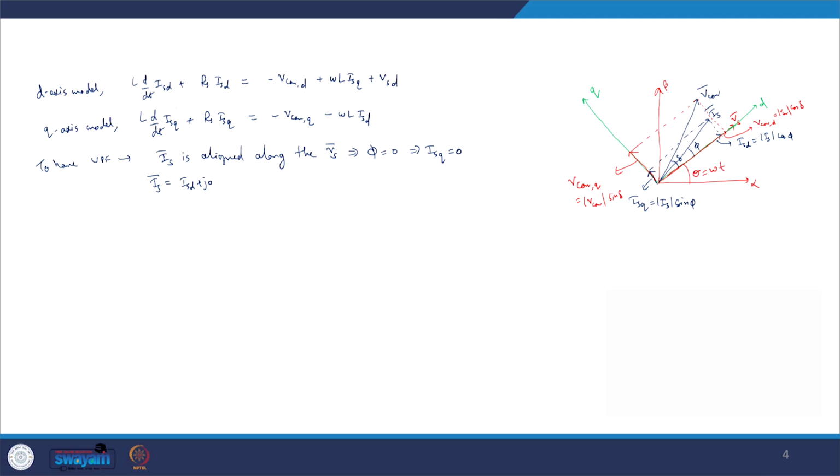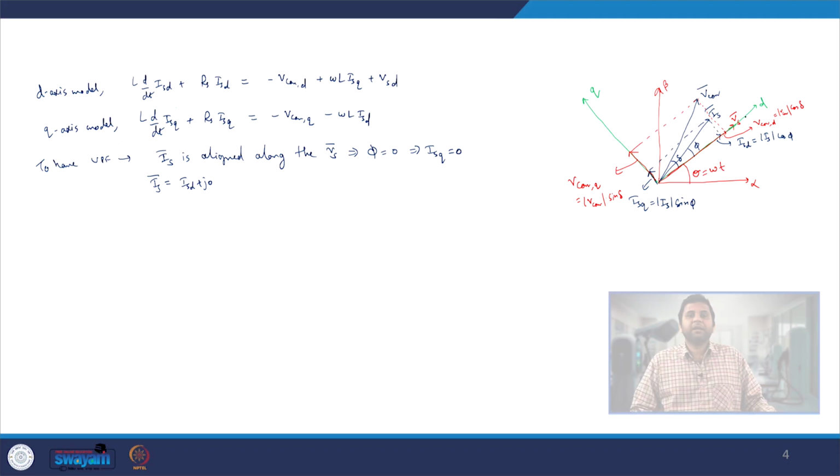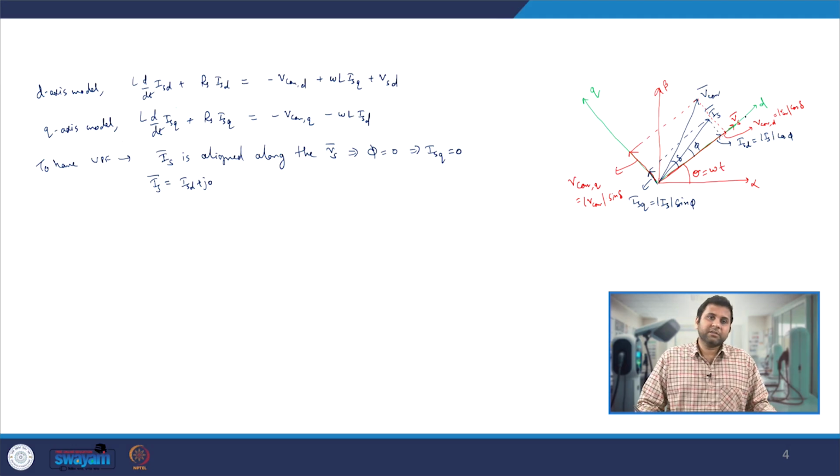I am just controlling the in-phase or D component of the supply current, forcing it to be aligned along the V space vector, and that is when we can ensure that in all the three phases we have unity power factor, and we can change the magnitude of current drawn by changing the ISD component. So this is how we can get the independent control of the ISD and ISQ components.